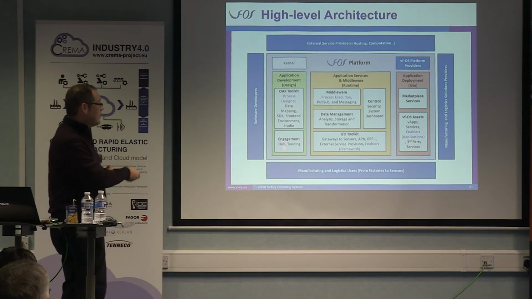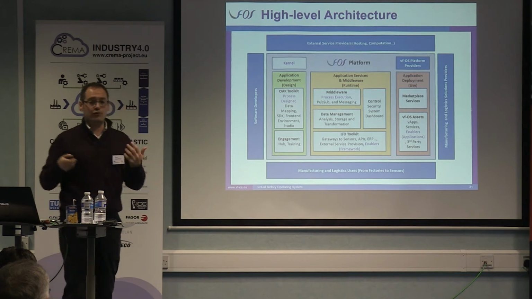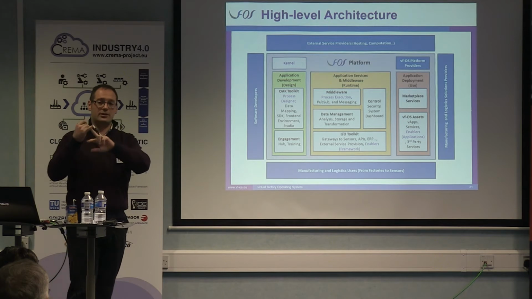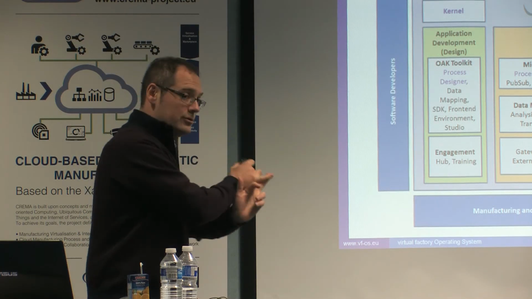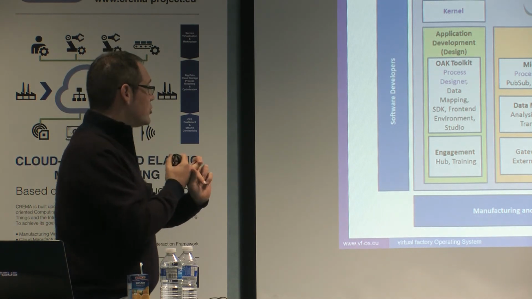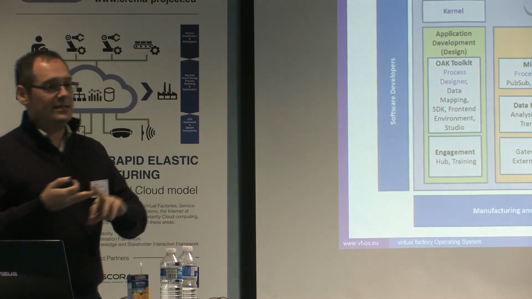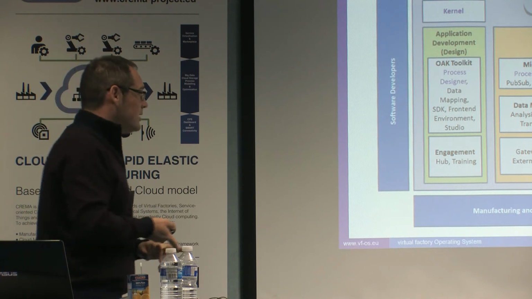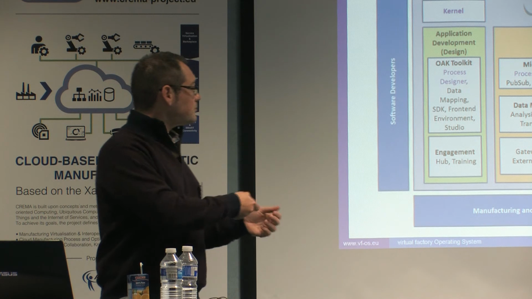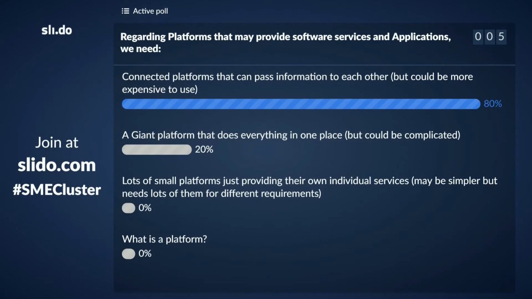The design lane is used for generating the VApps. It contains the VF Studio for assembling the apps, the data mapping, the SDK, the front-end environment, the engagement hub, and the training for developers. It's anything that has to be used by the developers when they are developing the VApps.